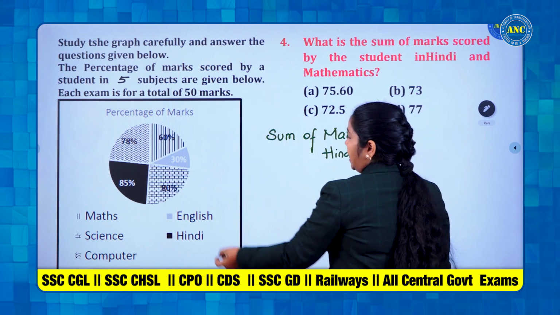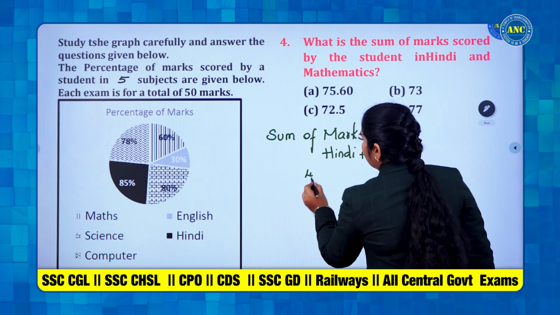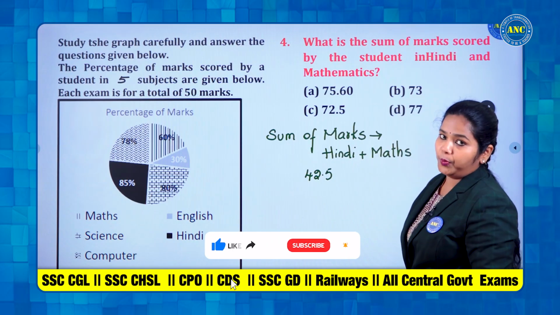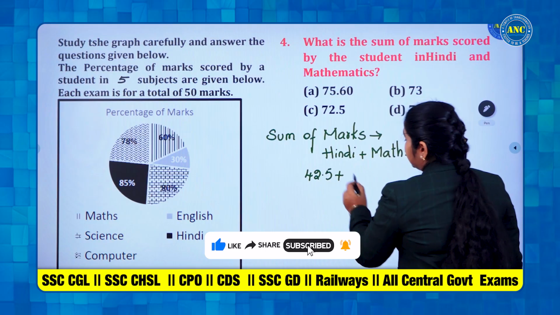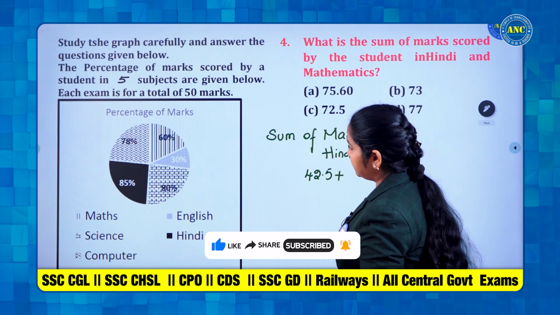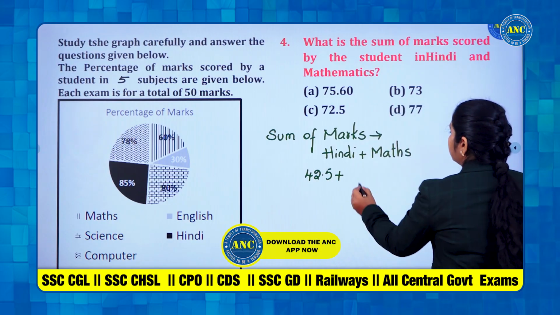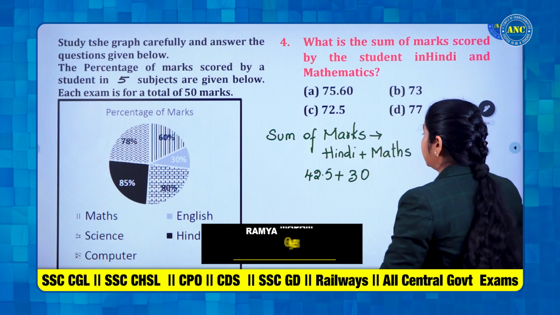Where is Hindi? 85%, half of 85% is 42.5, half of 85 is 42.5. That is the marks in Hindi. Plus, maths, where is maths? 60, yes, half of 60 is how much? 30. So, 42.5 plus 30 is how much?